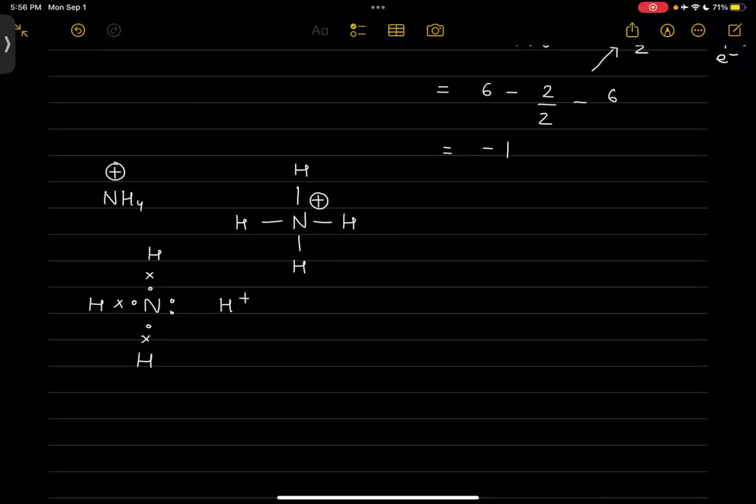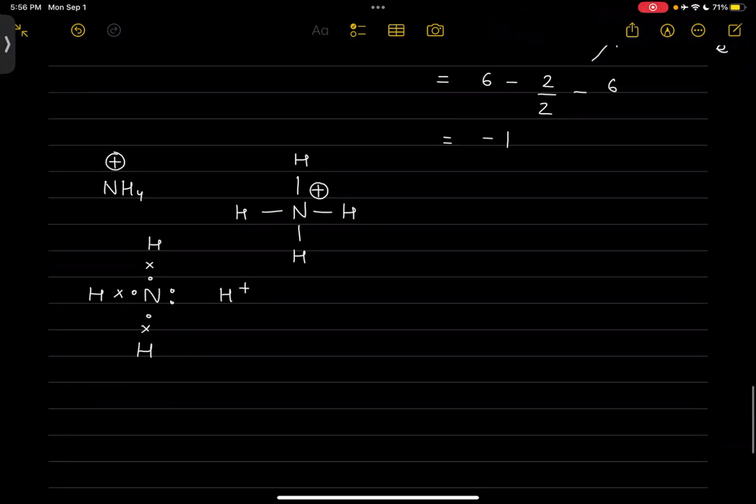But in this case, there is a different situation. What is the situation? We added hydrogen plus. There is one atom which has a complete octet, nitrogen, and there is another atom which is not carrying any electron at all.